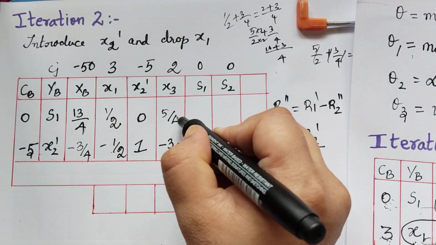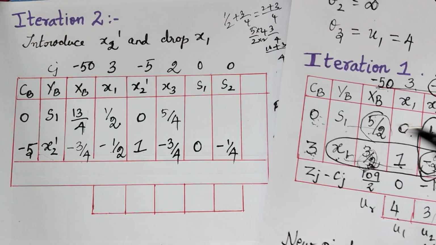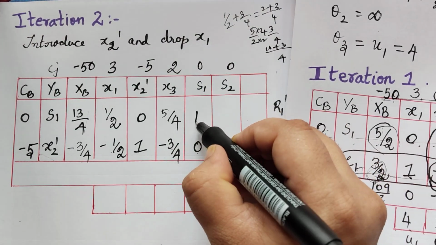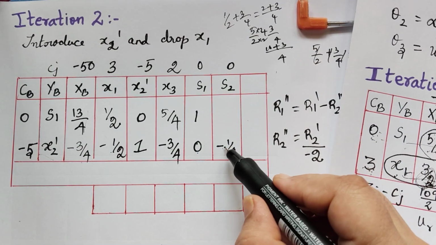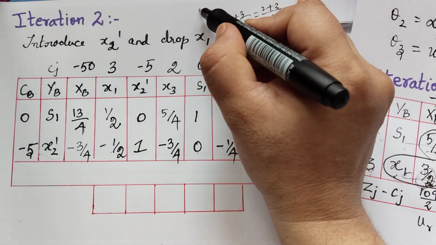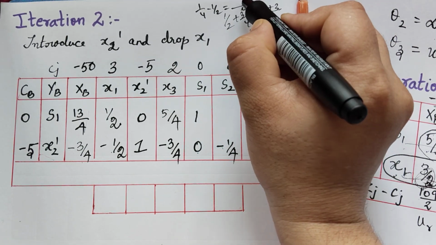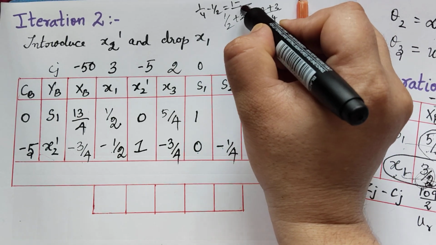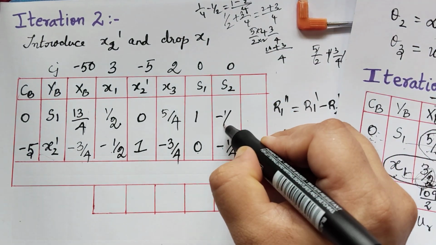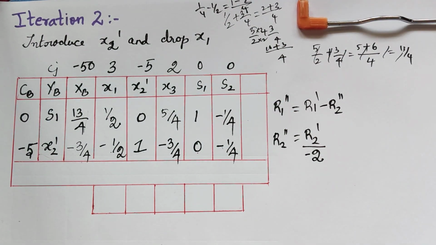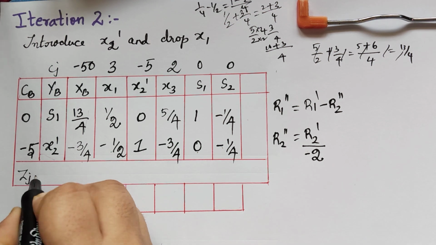Then next one is S1, which is 1. So 1 minus 0, so it will be 1 only. And then minus 1 by 2, minus of minus, plus 1 by 4. So 1 by 4 minus 1 by 2. The LCM is 4, so it will be 1 minus 2. So minus 1 by 4. So this is what we get. And next we have to find Zj minus Cj.